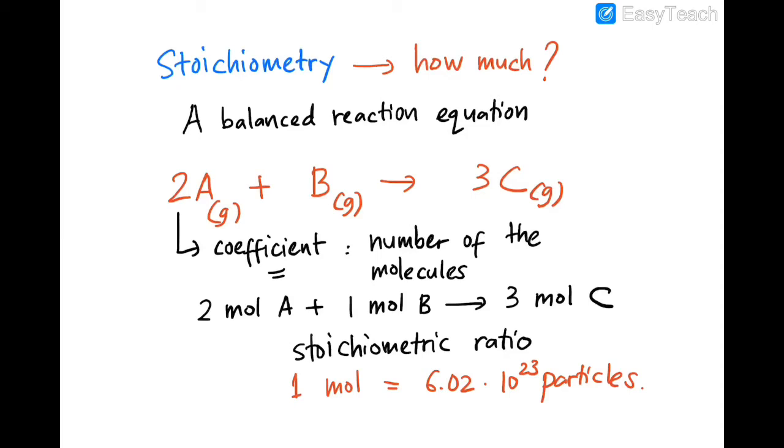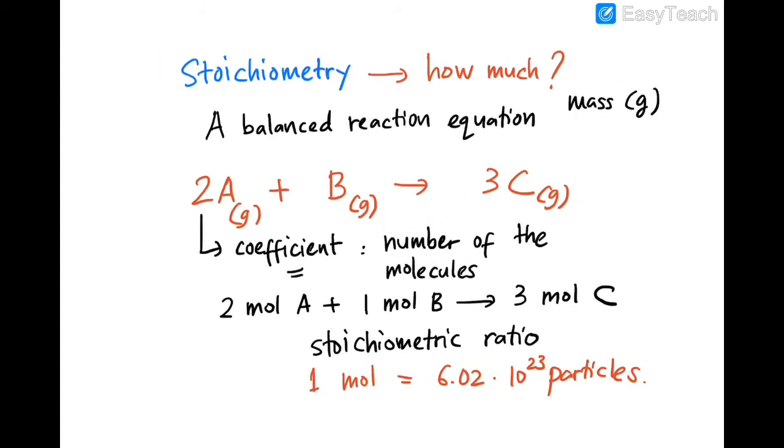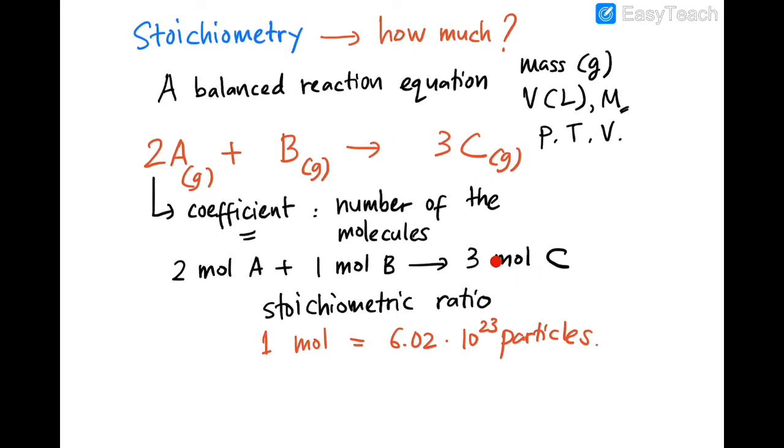Now, if you have the reactants or products in a different unit, for instance mass in grams, or for a solution, volume in liters and molarity in molar, or for gas, the pressure, temperature, and volume, of course the first thing you need to do is convert all of these values into moles. We have discussed this in the mole concept.